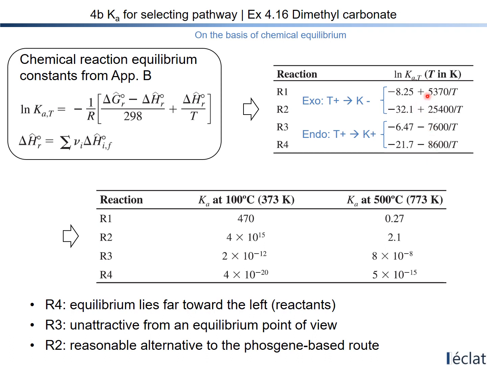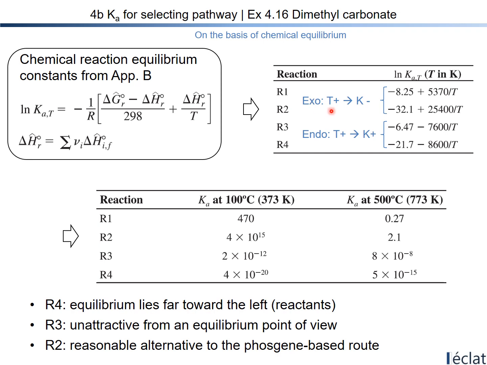The first 2 reactions are exothermic. We could recognize it is exothermic because we have the plus sign here. Plus means the delta H_R at the standard state is negative. Negative enthalpy means exothermic, right?